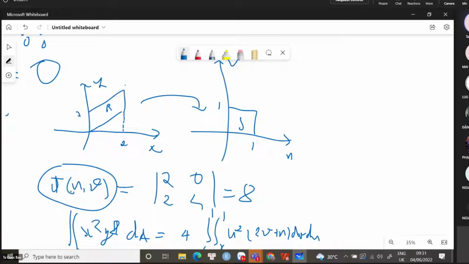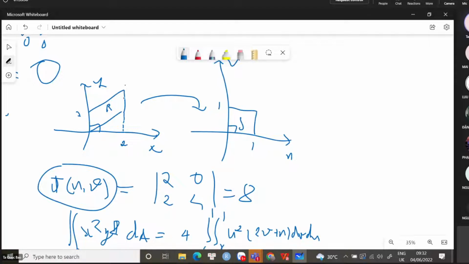So for example, the Jacobian is very important. You can see it in going from Cartesian coordinates to polar coordinates, and cylindrical coordinates, which are a special case of changing variables.